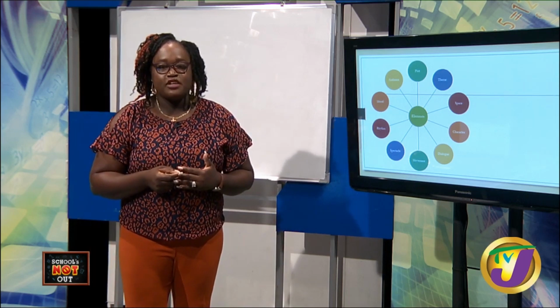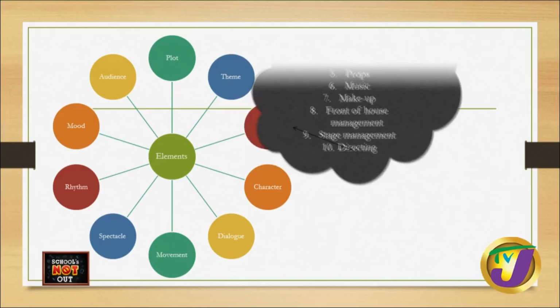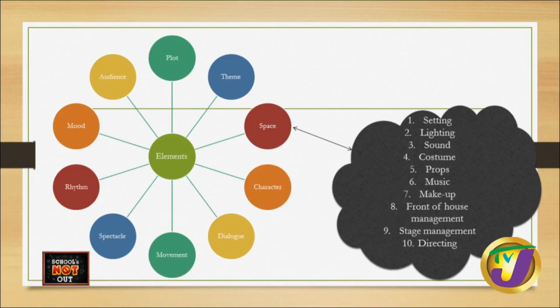When we talk about the technical elements, we are talking about light, sounds, camera, set, costume, anything that enhances the production. And see, you have them on the board. So over there we have the setting, the lighting, the sounds, and like I said to you, this all comes under the technical elements.